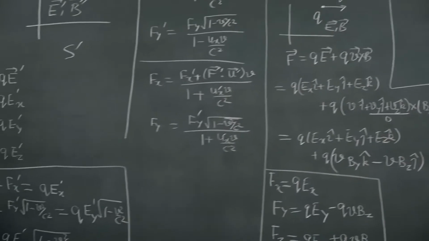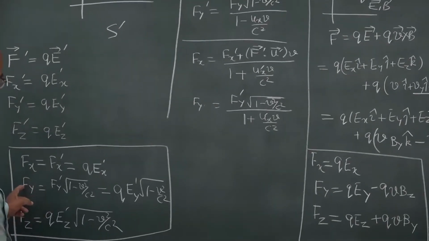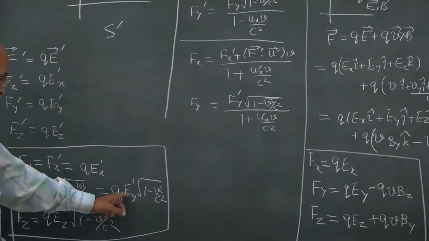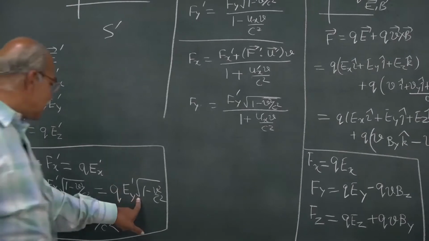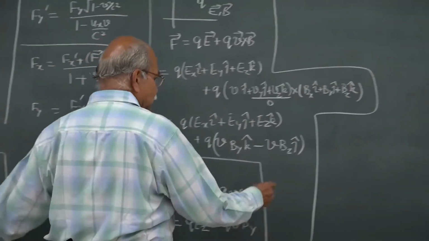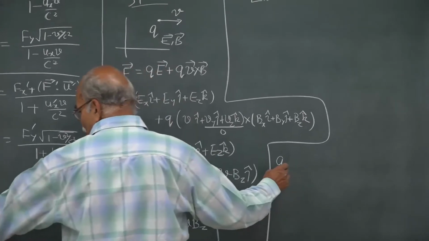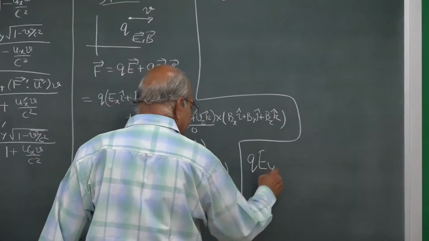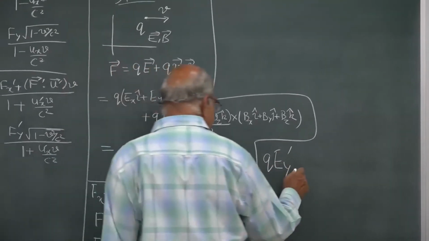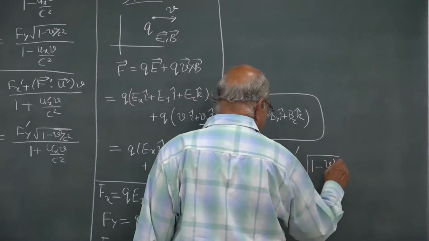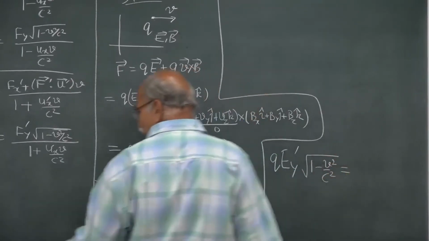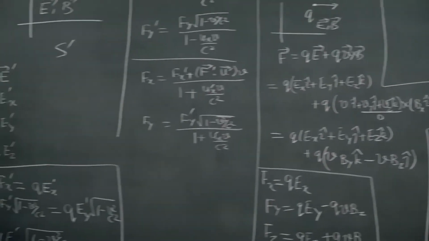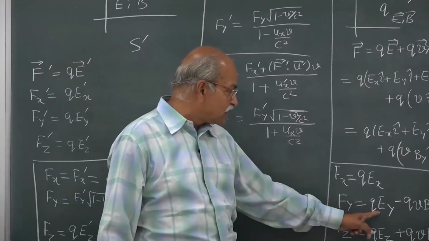Fy, this Fy is here, q Ey prime times square root of 1 minus v square by c square. But Fy is here also.